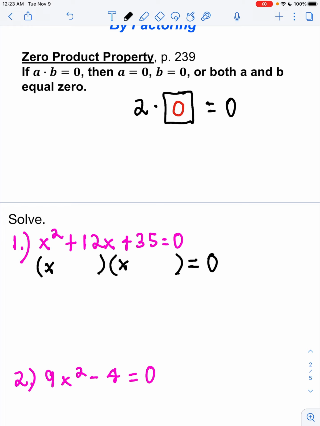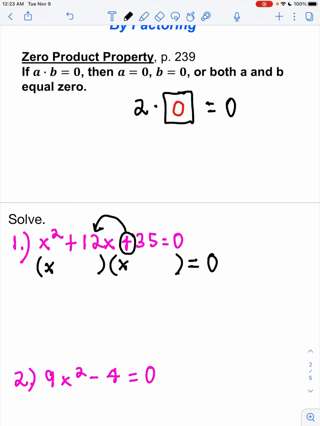So I'm going to put x and x in the first positions, since I know that has a product of x squared, our first term, and then the last positions need to have a product of 35, and because this operation is plus, we need the numbers we pick to add up to 12, since the first positions are both x.